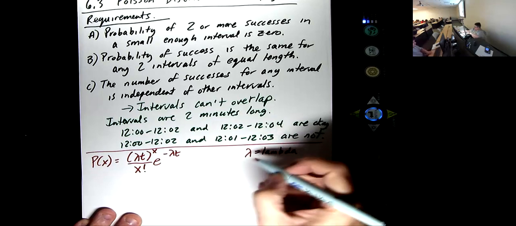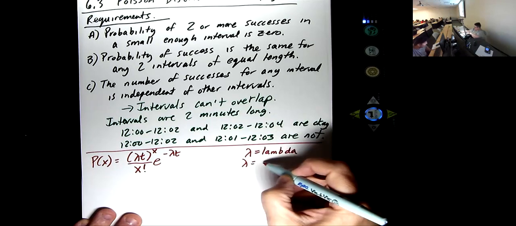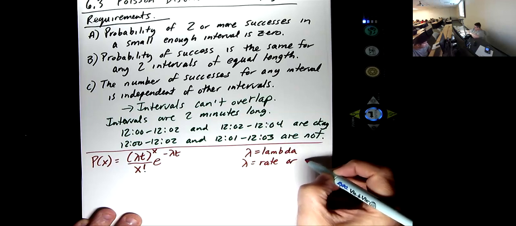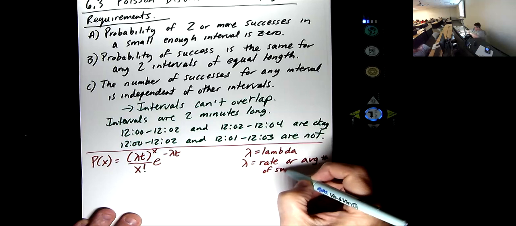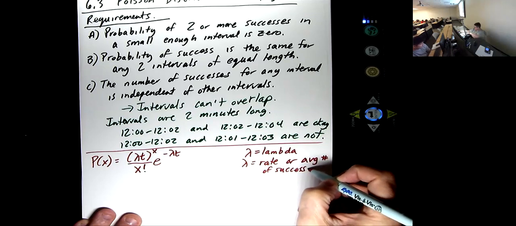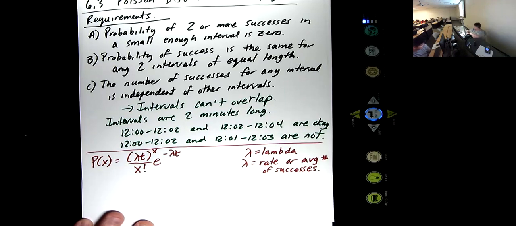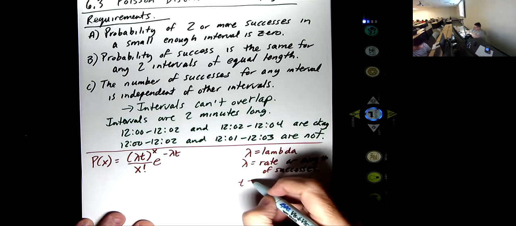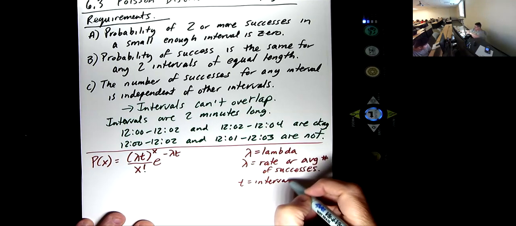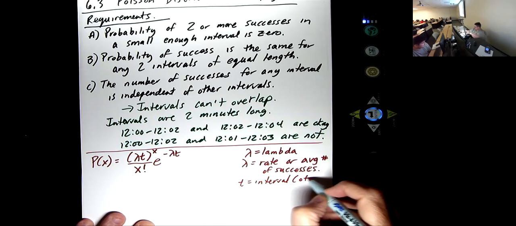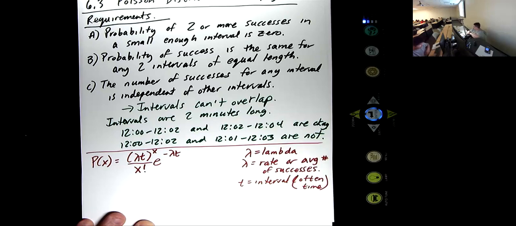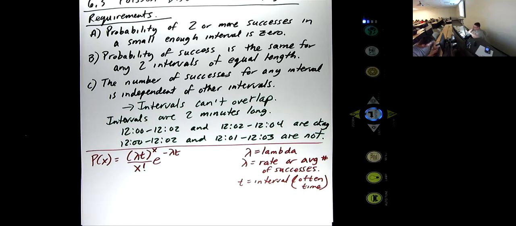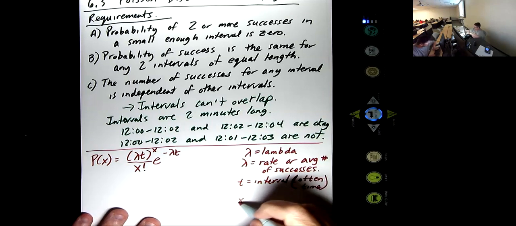And here it means the rate or average number of successes. t is the interval, and it's chosen for t because it's often time. x is the number of successes.